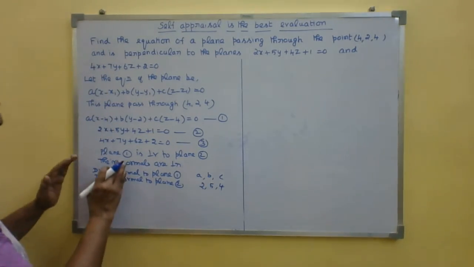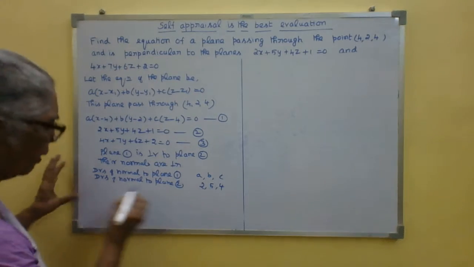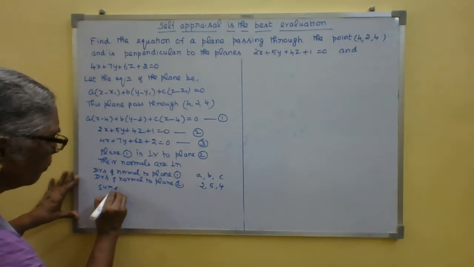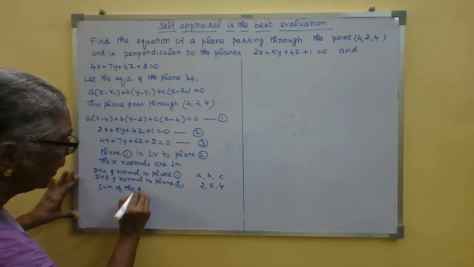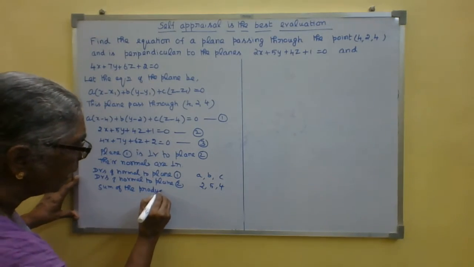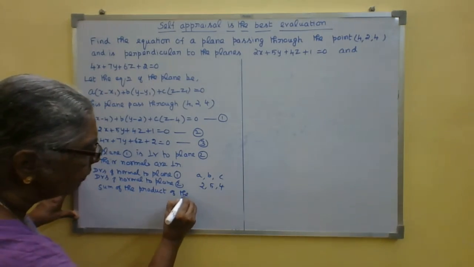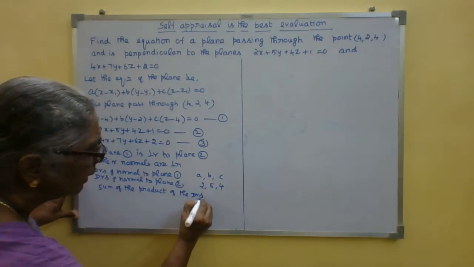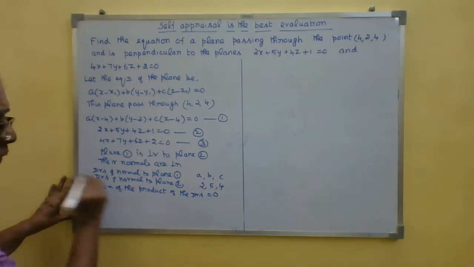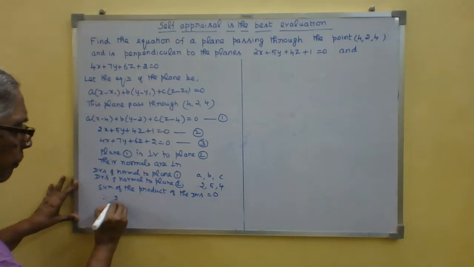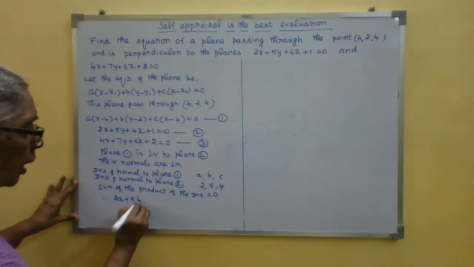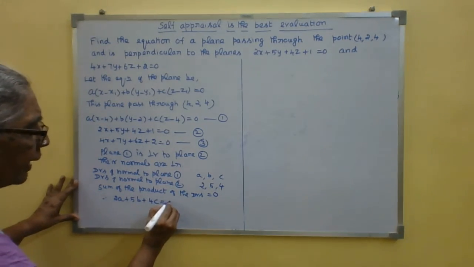Because the normals are perpendicular, the sum of the product of the DRs is equal to 0. That is the concept. So what do we get now? 2a + 5b + 4c = 0.